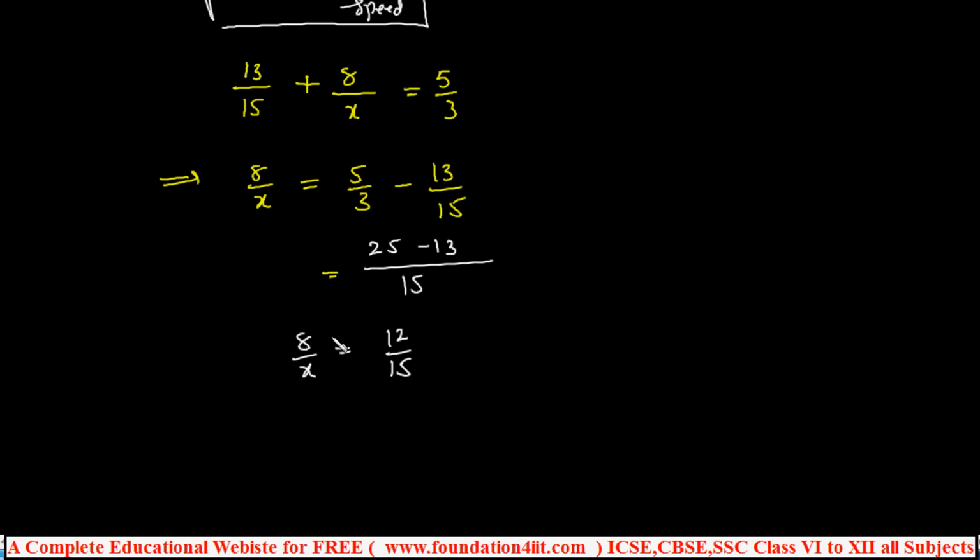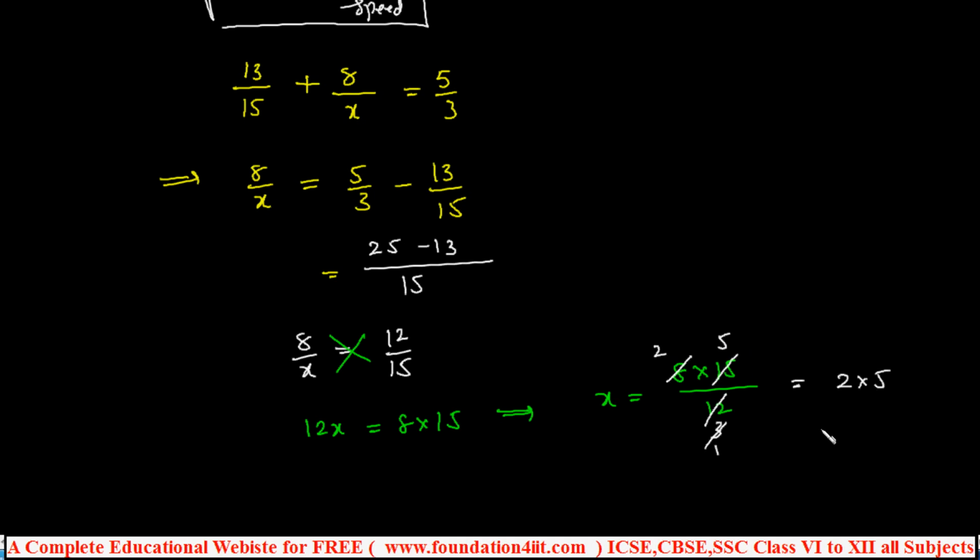Do cross multiplication: 12x is equal to 8 into 15. So x is equal to 8 into 15 by 12. You can cancel and calculate: 4 threes are 12, and 2 into 5 is 10. So 10 kilometers per hour is the speed uphill.